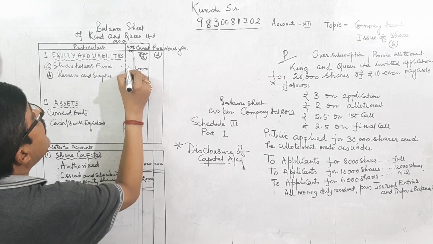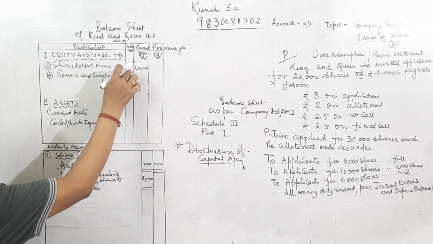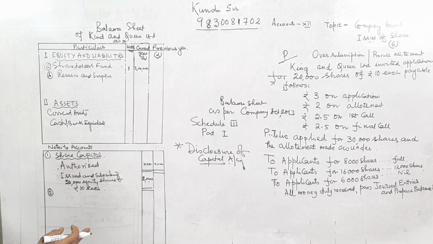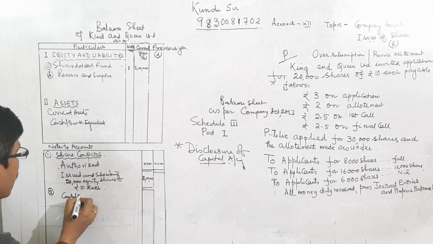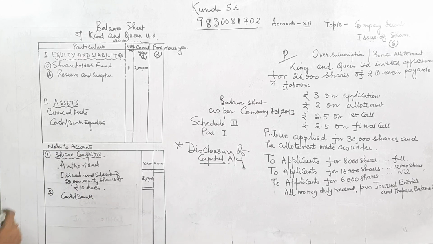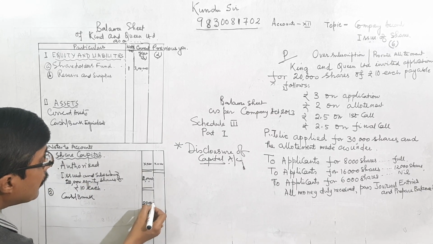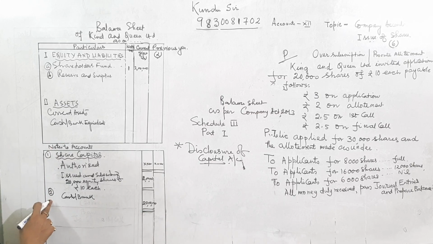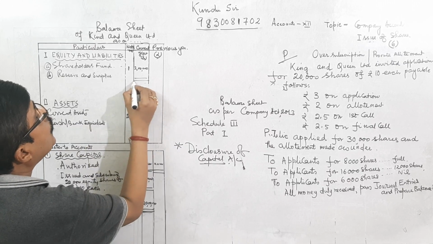There is note number 2, cash and cash equivalent, cash or bank, 2 lakh. We are writing here note number 2.